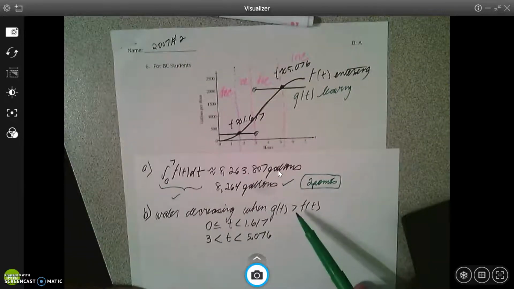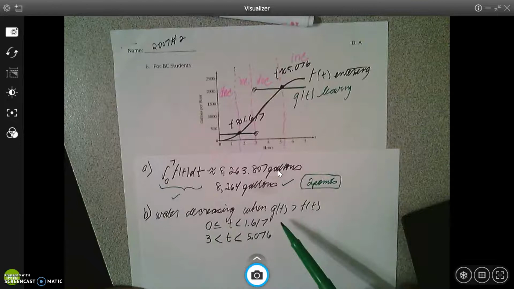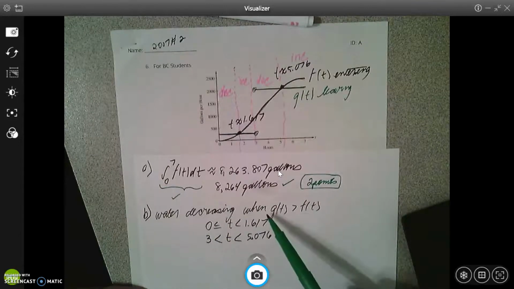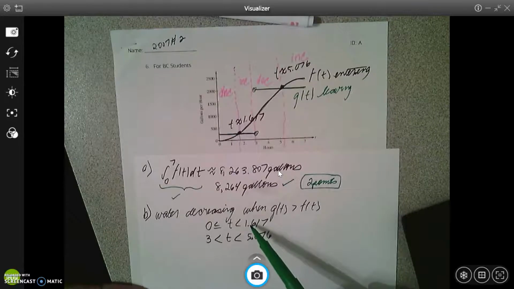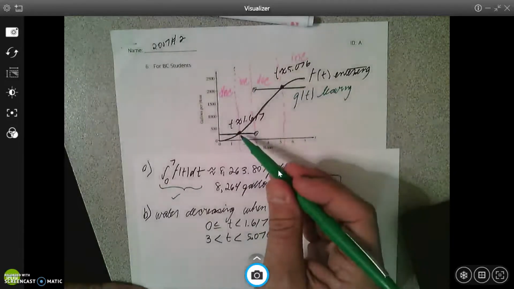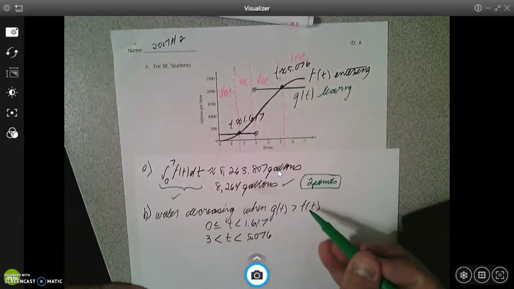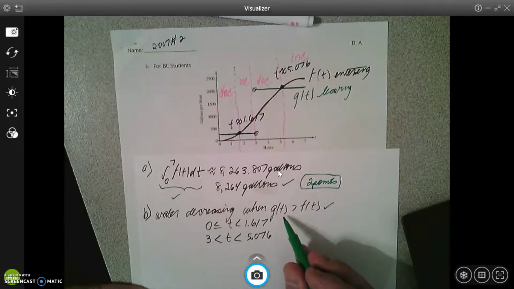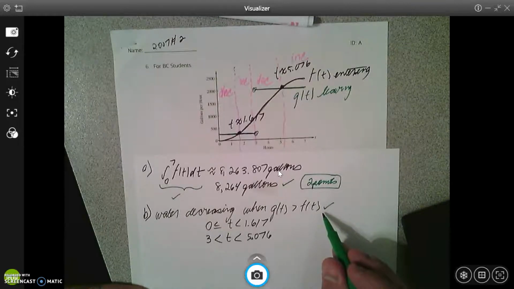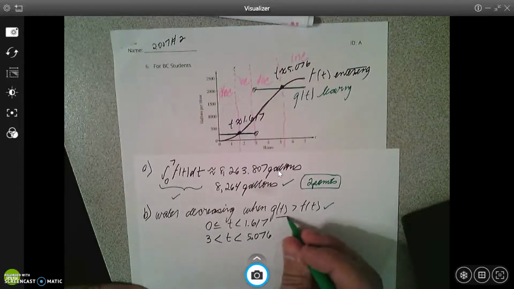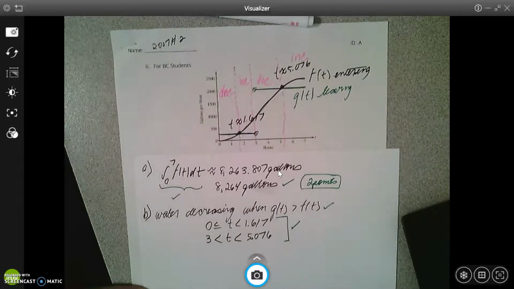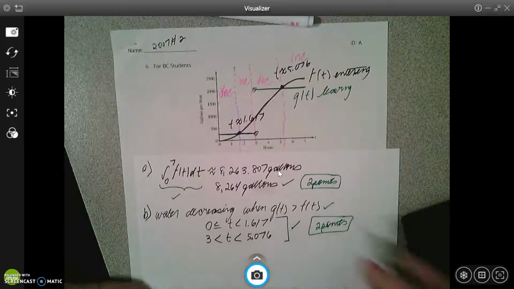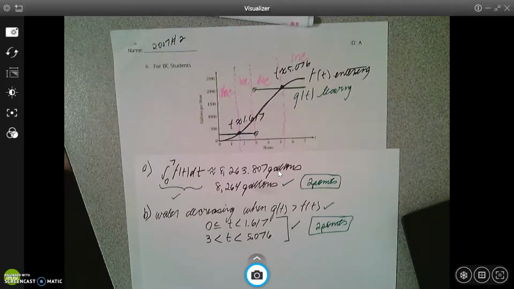And because I said specifically water level decreases when g is strictly greater than f of t, I want to make sure that I don't include the intersection point, because at the intersection point, the two functions are equal, and that's not satisfying what I've said here. So you would earn 1 point for indicating g of t greater than f of t, and 1 point for correctly indicating both intervals. So now we're up to 2 points. Not too bad.